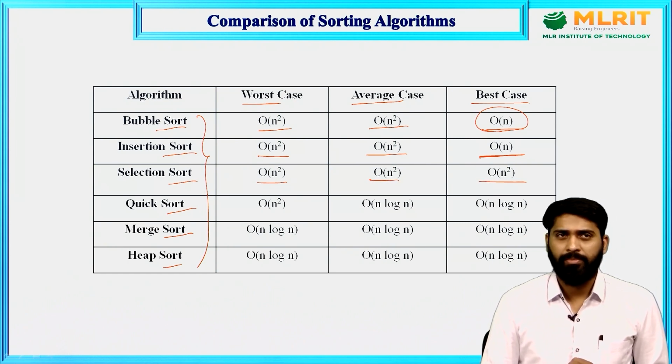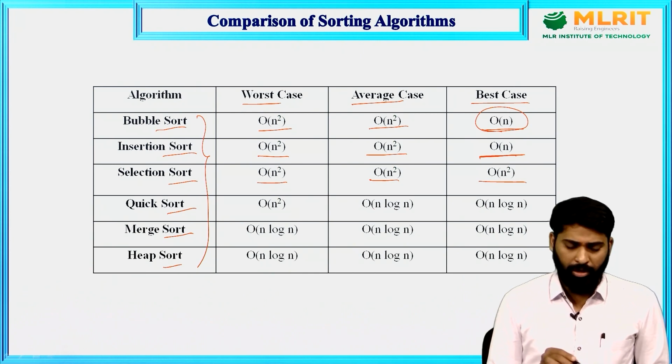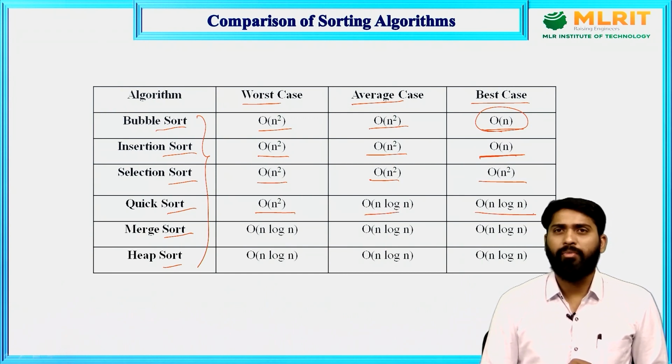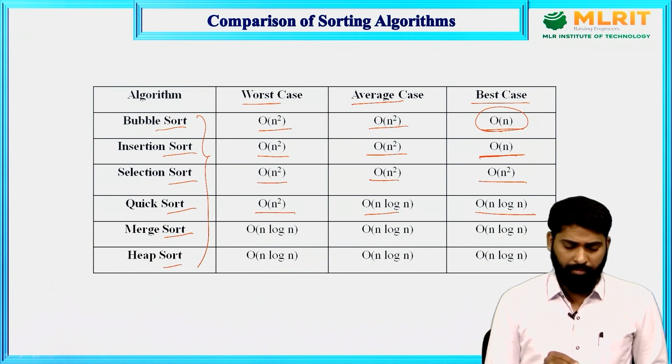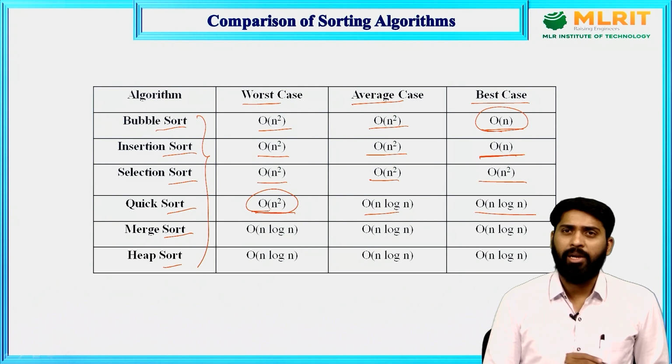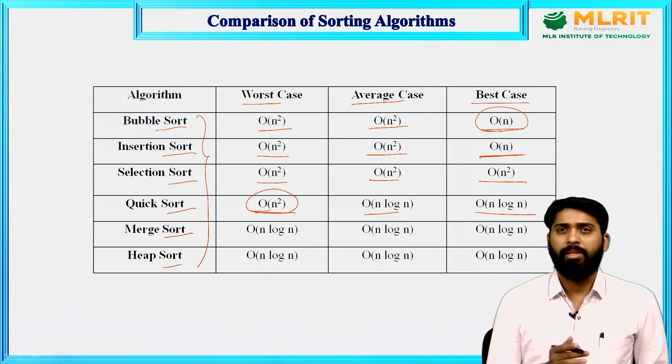And coming to quick sort, the worst case time complexity is big O of n square and the remaining average case and best case are big O of n log n. Why is quick sort big O of n square? If the elements are in sorted order, then when we try to partition the array, there may be no left or right side.